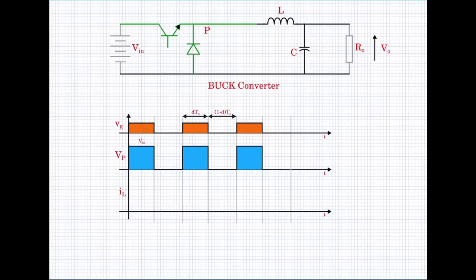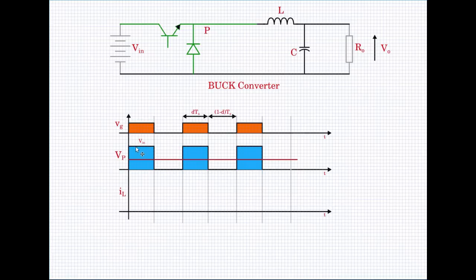Now this has an average value, so let me indicate the average value by a line like this. So this is the DC value that you would see at the output, because this is the average of this. What is the average of this?